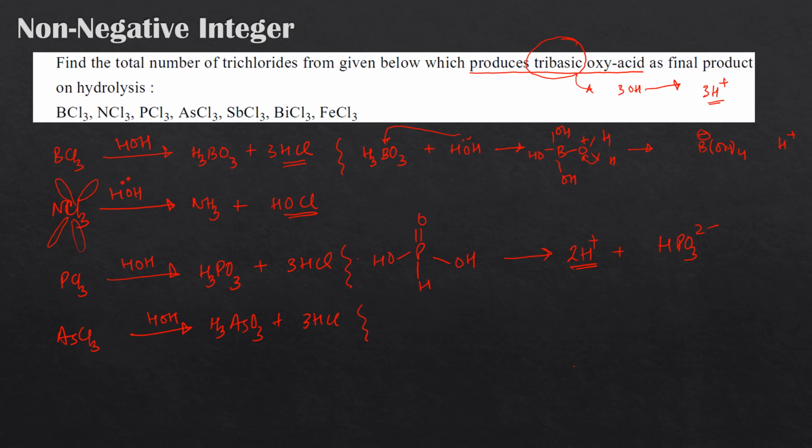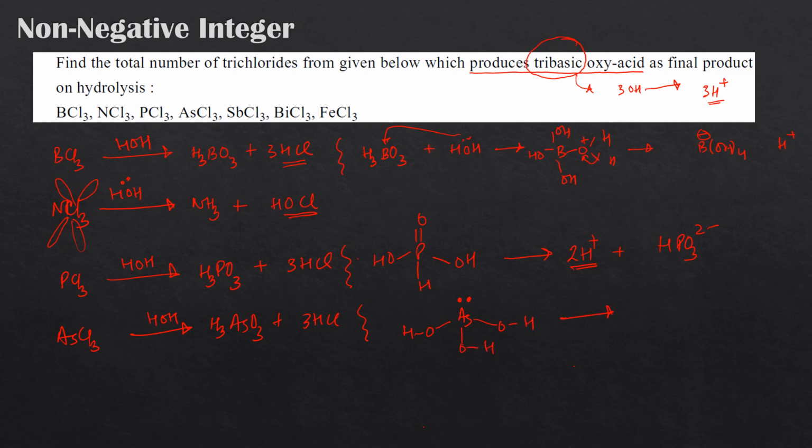As you go down, the size of the oxygen and arsenic atoms changes a lot. Formation of a pi bond between arsenic and oxygen may not be that stable.